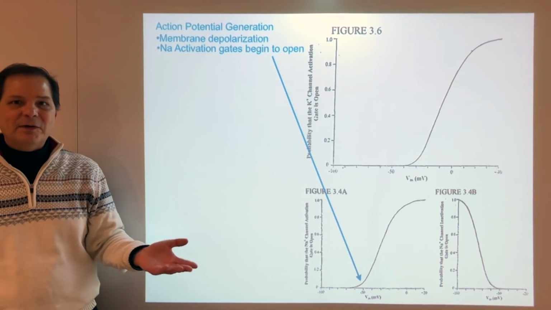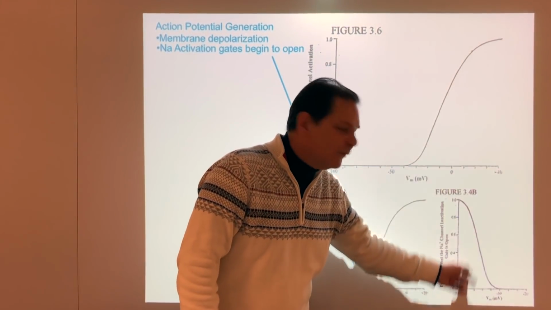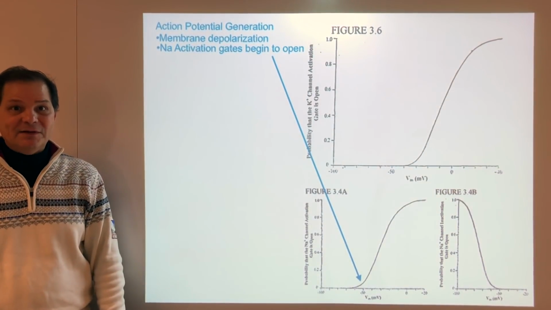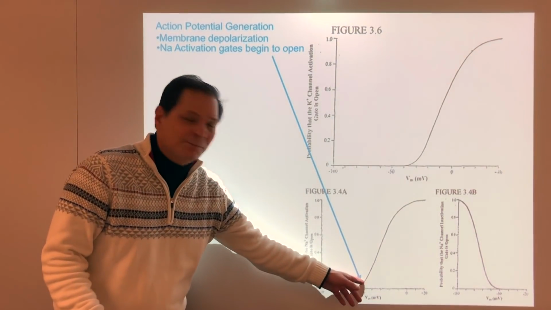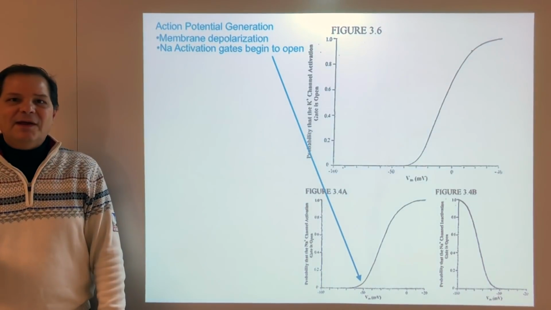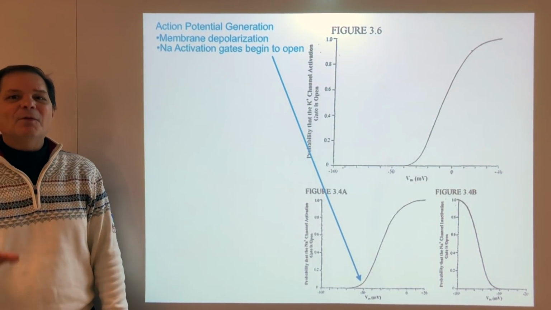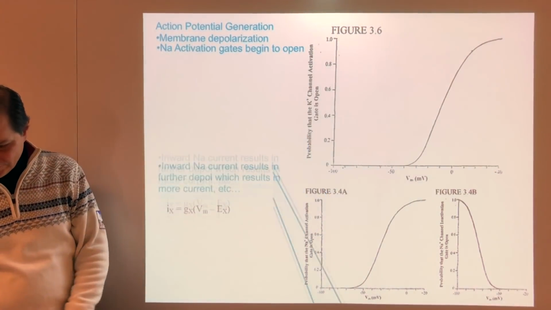And that will allow sodium to flow because these channels at rest have mostly open inactivation gates. Now those inactivation gates are going to begin to close, but they close relatively slowly. So if this depolarization is pretty quick, 10% of my activation gates flip open, and my lazy inactivation gates will start to close, but it's going to take them a while. And in that period in between, you have sodium that flows.